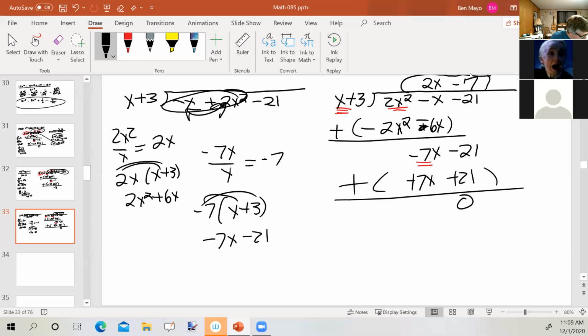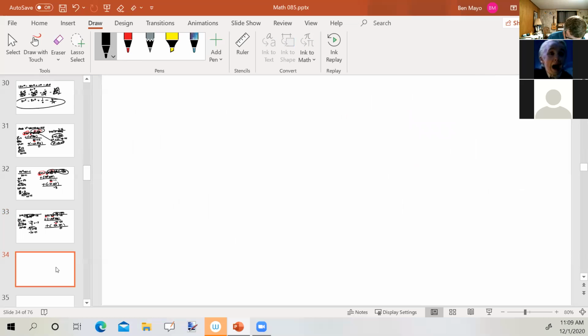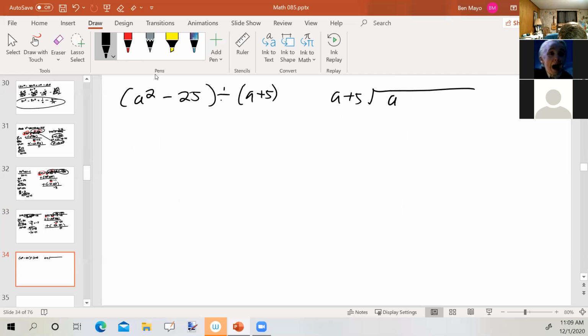Okay, now suppose we've got something like this. A squared minus 25 divided by a plus 5. So we'd have an a plus 5 outside and a squared minus 25 inside.